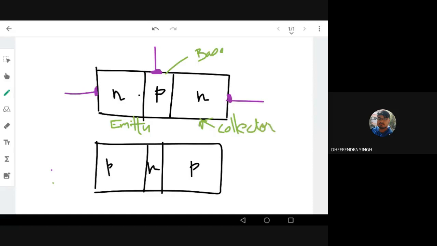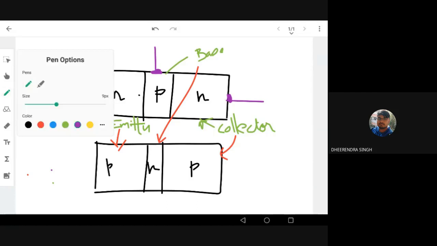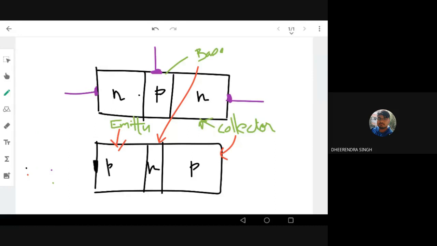This is similar in the case of the PNP transistor also. There's an emitter region, a collector region, and a base region. And definitely there should be a metal structure which gives a voltage onto the semiconductor material. You can see the metal connectors.